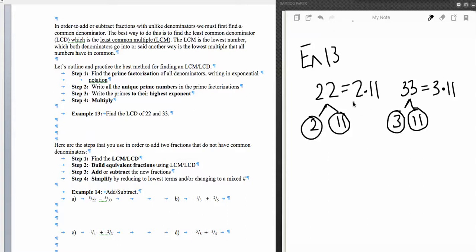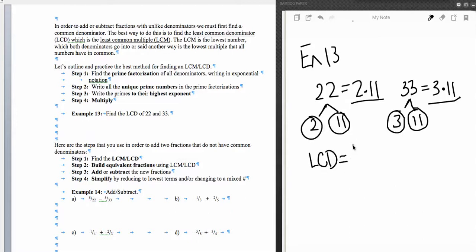So now that we have the prime factorization for 22 and the prime factorization for 33, now we're going to go ahead and build our least common multiple, or our least common denominator. And I'm going to call it the least common denominator because that's the application that we're using.